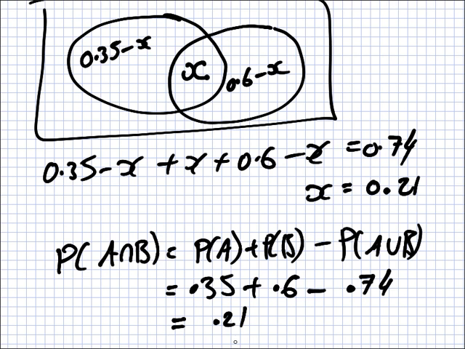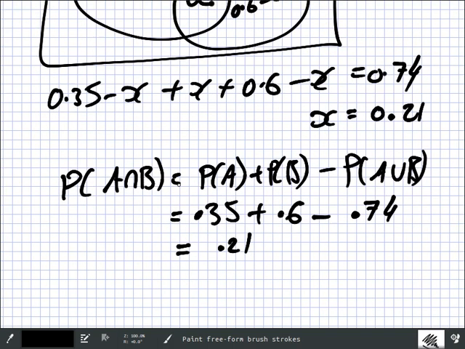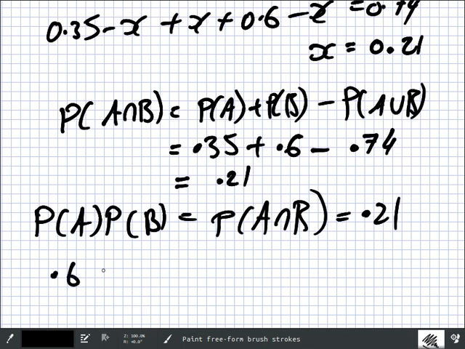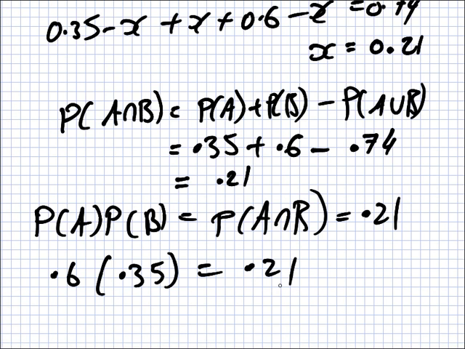The next question is, are A and B independent? And there's a way to check. You need to check if the probability of A times the probability of B equals the probability of A and B, which equals 0.21. So does 0.6 times 0.35 equal 0.21? Yes, it does. So are they independent?